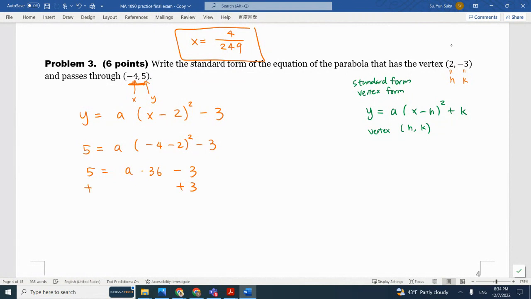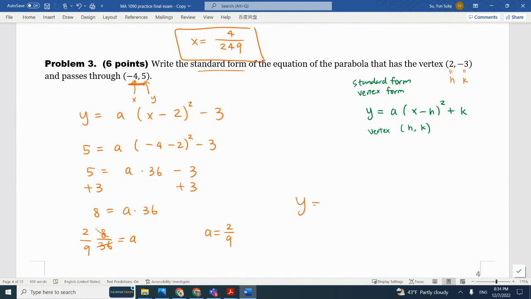Add 3 on both sides. 8 equals a times 36. So both sides divided by 36. Let's simplify. The common factor is 4. And so a is 2 over 9.